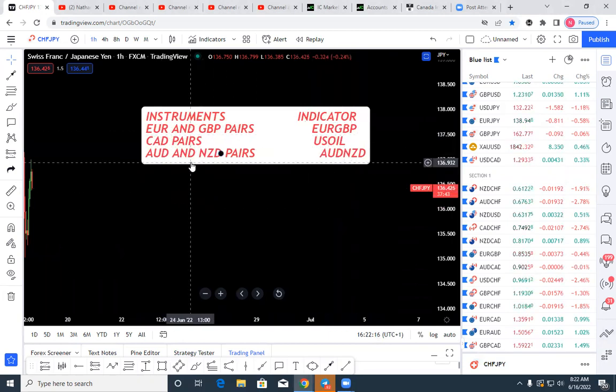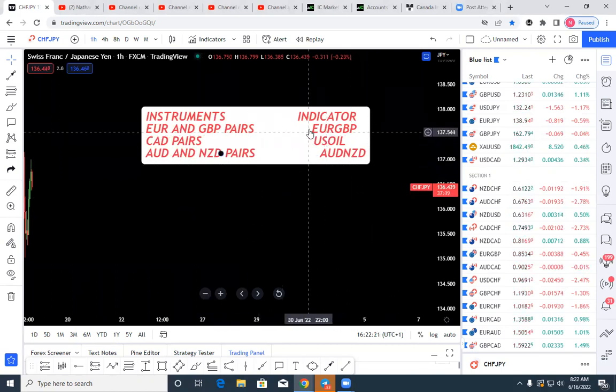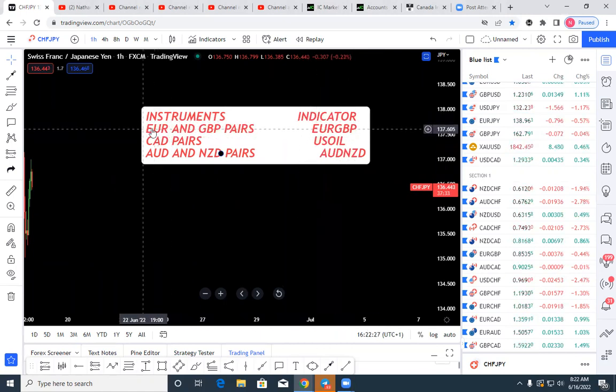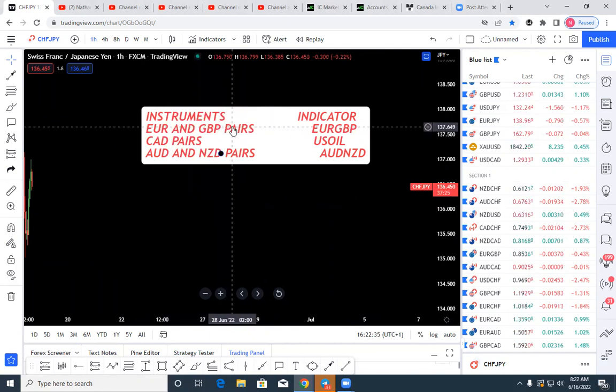It is going to give you a perfect signal on the pair. Like for instance, I use this Euro GBP to know when to get in for Euro and GBP pairs. Not only when to get in, what direction should we go?